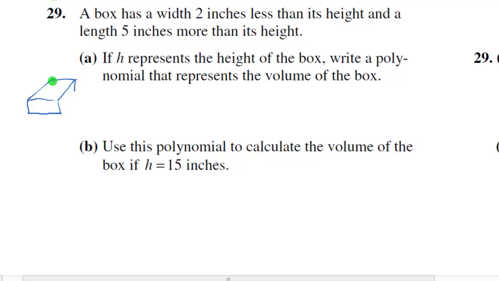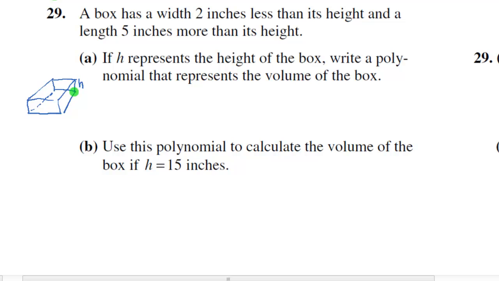Okay, so here's my box, and take into mind that I'm not the best artist. Actually, I'm changing my mind a minute. We're going to let this be your height, right?